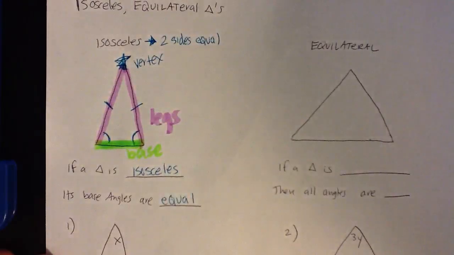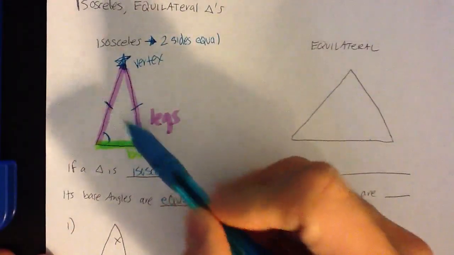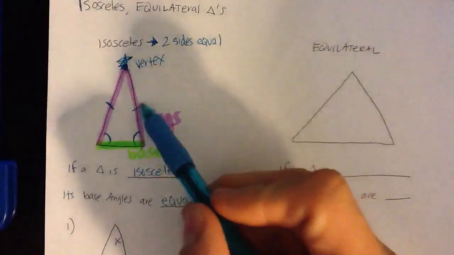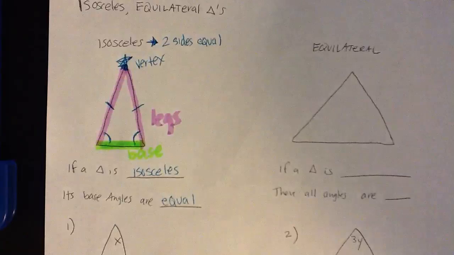And that makes sense going back to a couple lessons ago where we talked about the side across from it being related to that angle. And so if these two sides are the same, then the angles across from them are also the same.